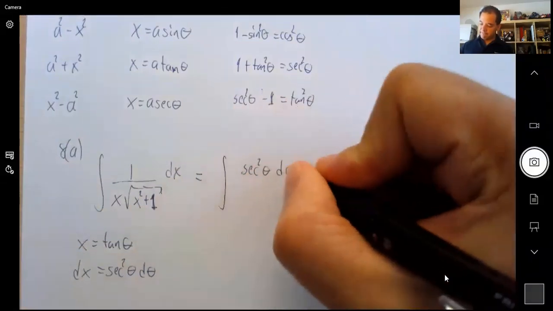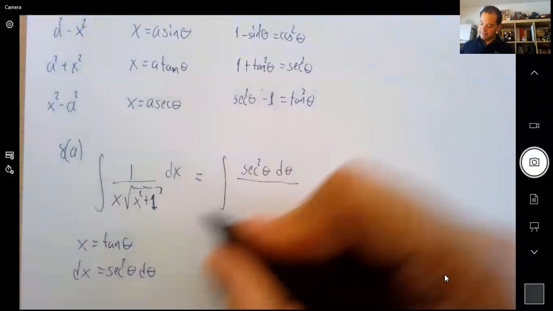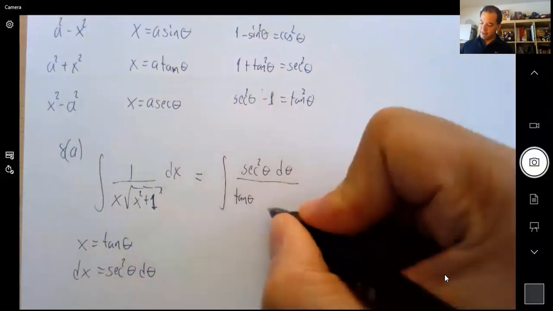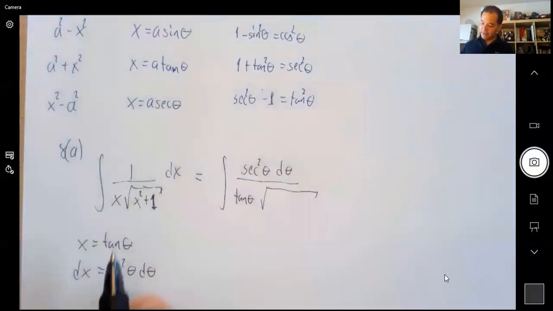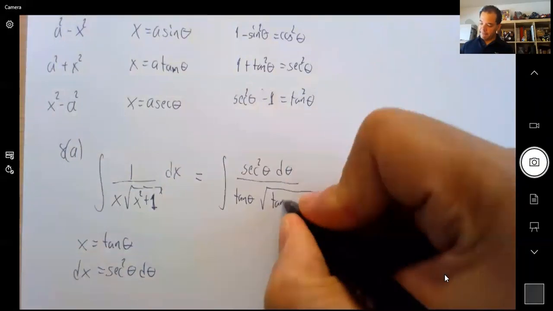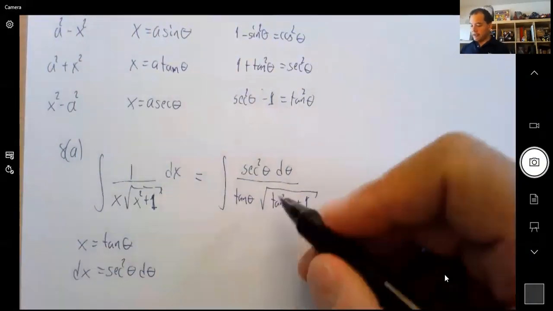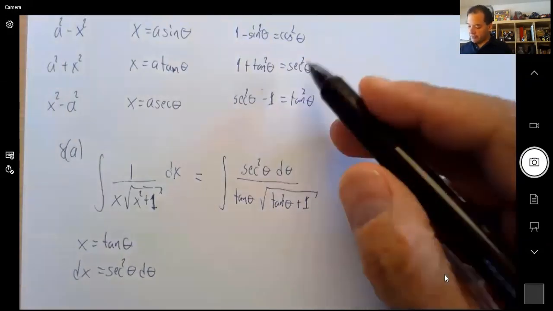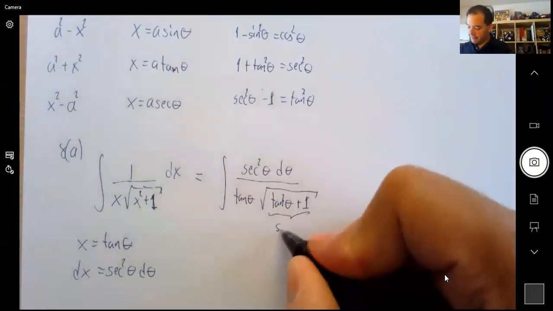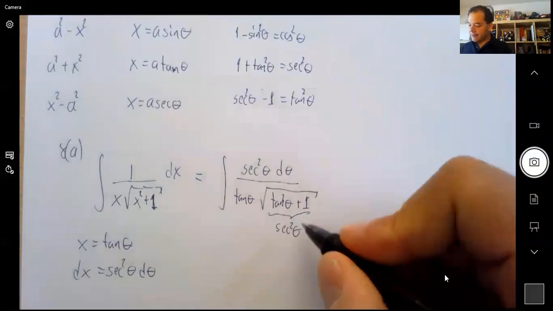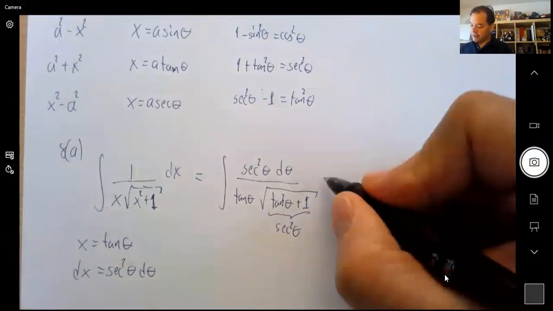In the bottom we have tangent, and then square root of tangent square plus 1. And here's the beauty, right? Tangent square plus 1 is secant square. So this part is secant square. And so with the square root, you cancel it.